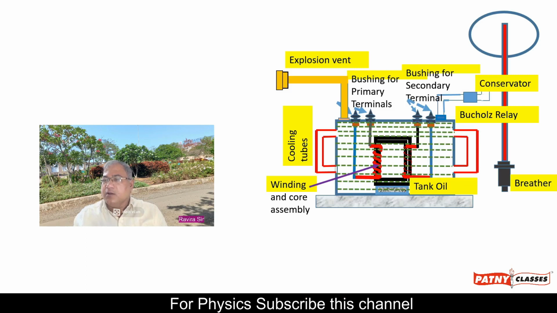And for the supply of electrical energy, for example to a factory and to your house and your college, you are not using small size transformers, you are using big size transformers. For small size transformers, we don't require an oil tank or any other special extra devices to be joined along with the transformer.